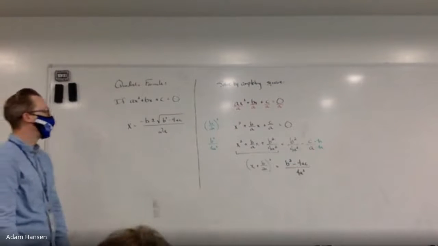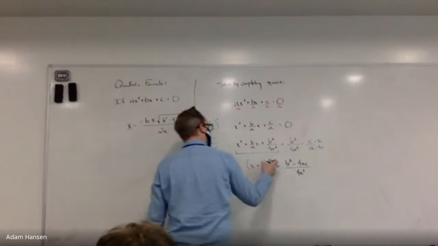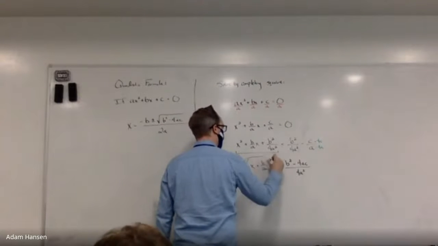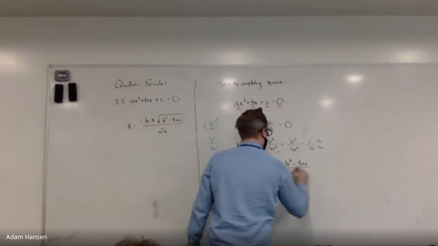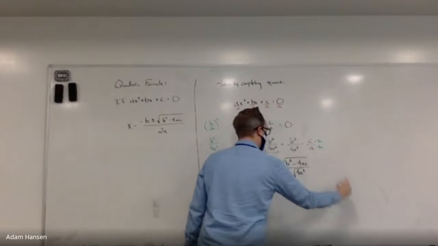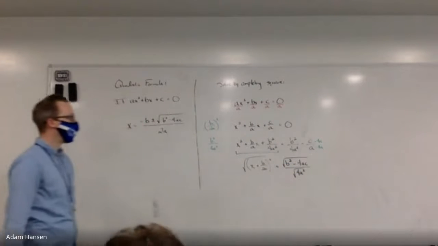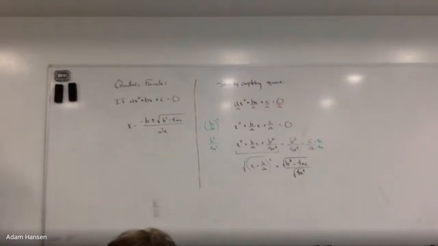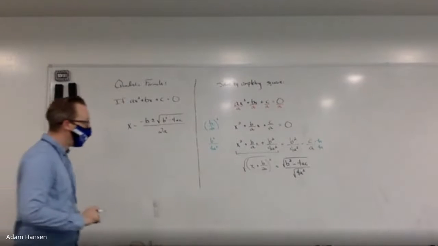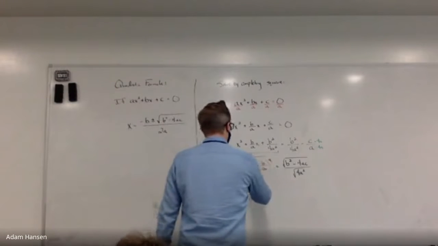Let's solve for x. How do you get rid of squaring something? Square root. Root the top and bottom of b squared minus 4ac all over 4a squared. So when I square the square root, that's gone.